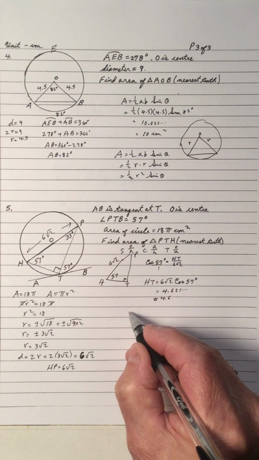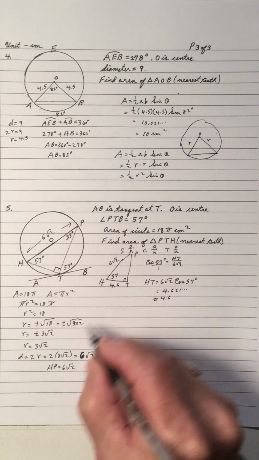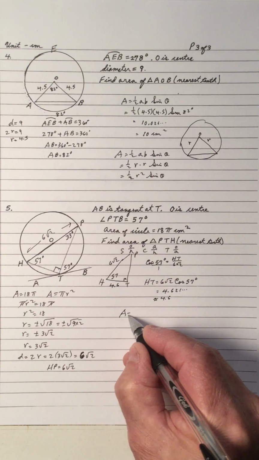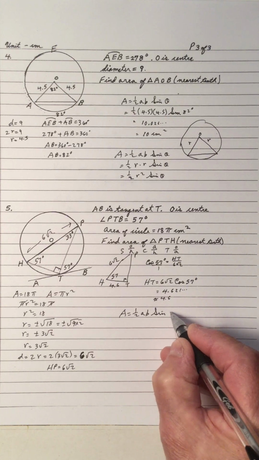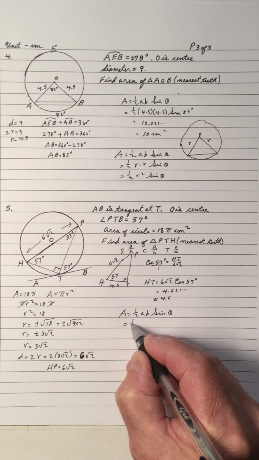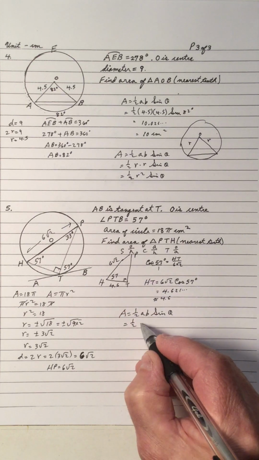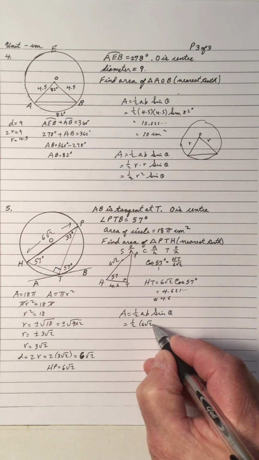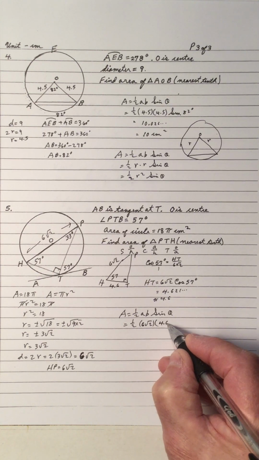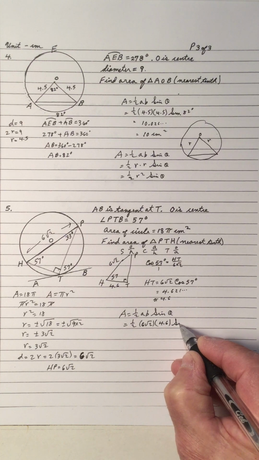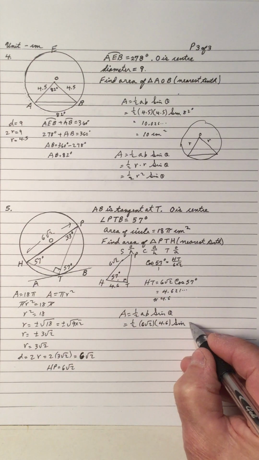Now I have two sides, so we put 4.6 right here. So the area is a half of AB sine theta, the included angle. So it's a half of, and again, you can take the 6 root 2 as one side, the other side is 4.6, and the angle we dealt with was the 57 degrees.